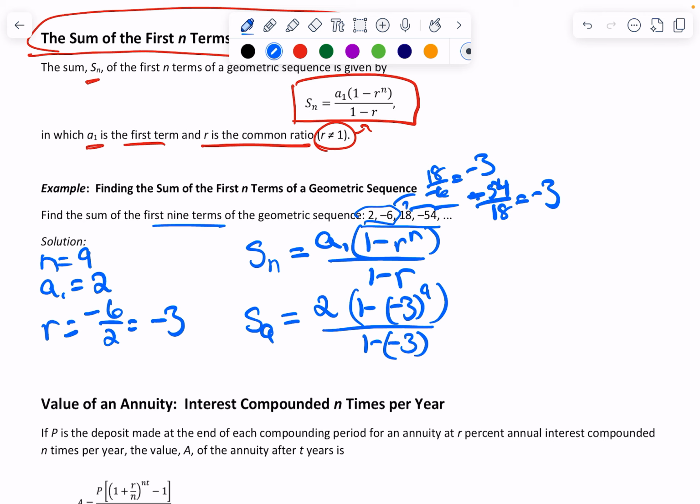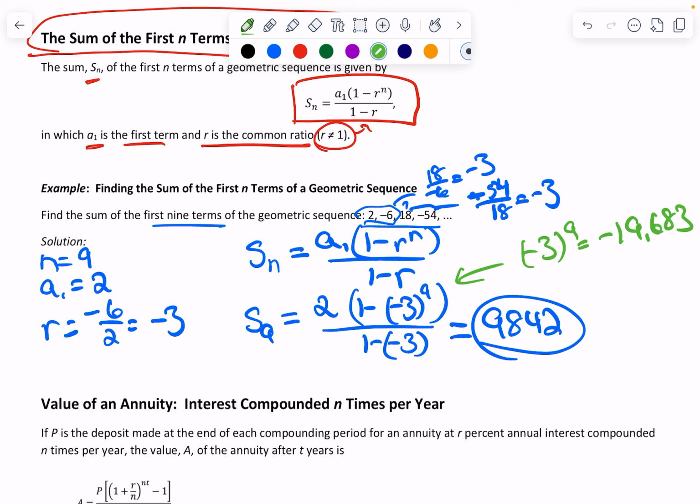Now, when we plug it in the calculator, we get 9,842. Just make sure that you're using the parentheses. So -3 to the power of 9 is going to be -19,683 if you want to do it one step at a time.